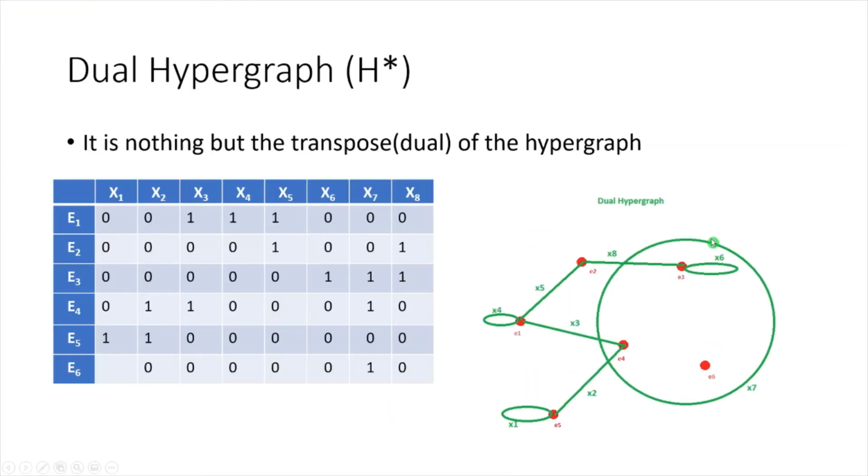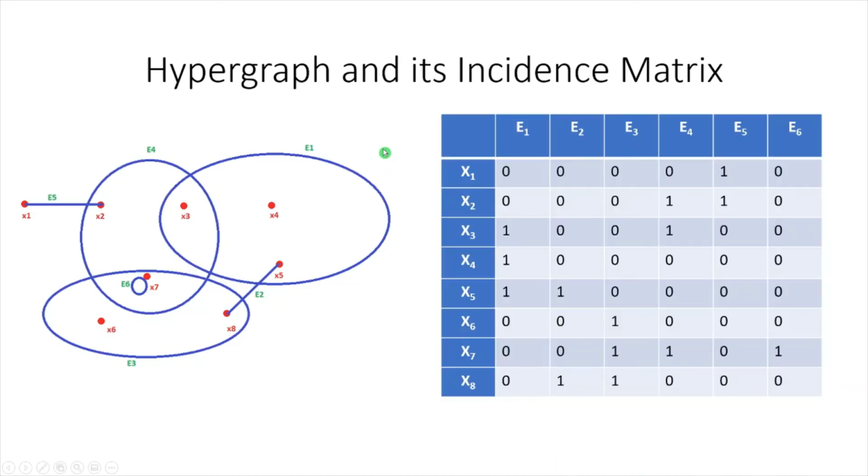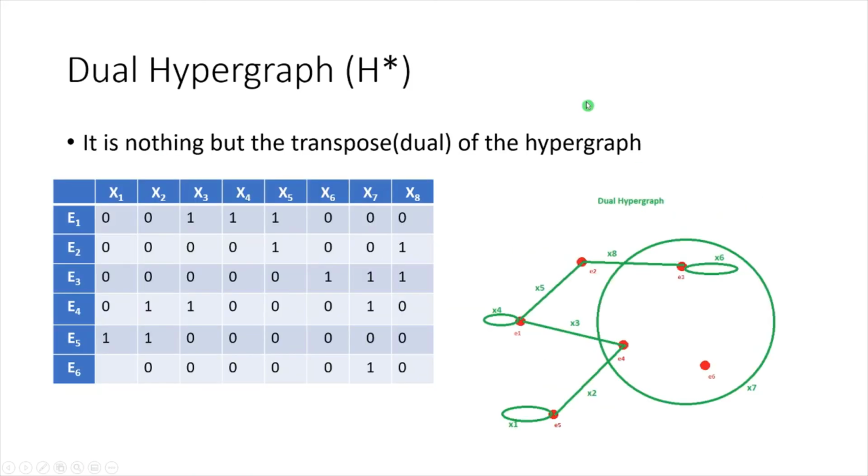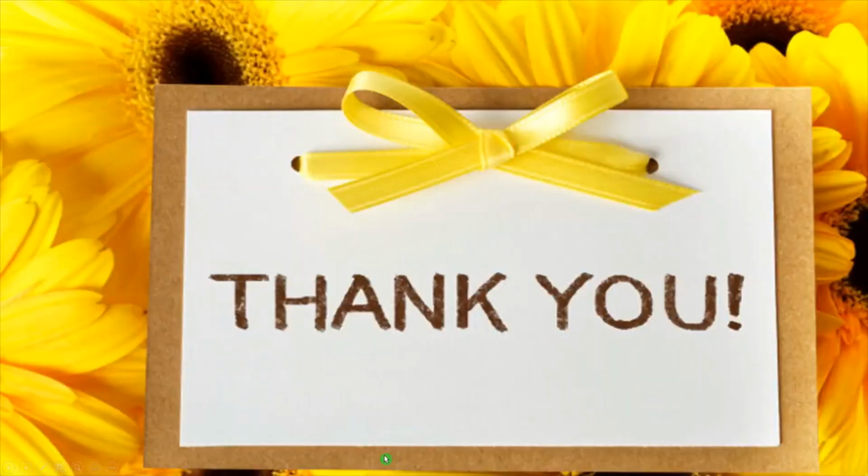This is the dual hypergraph for this incidence matrix. This incidence matrix we got from the hypergraph, this is the hypergraph and its incidence matrix. Its dual form is this one. This is its dual matrix and dual hypergraph. Thank you.